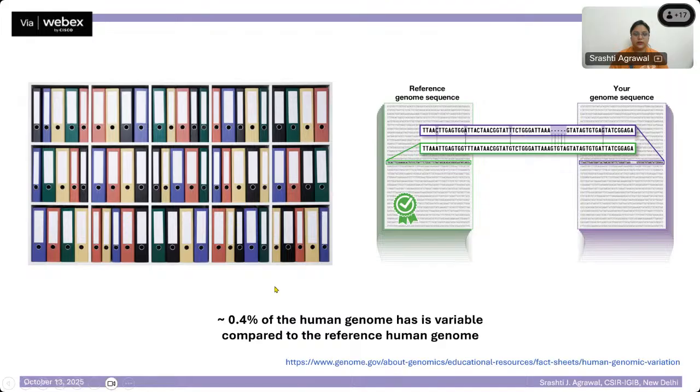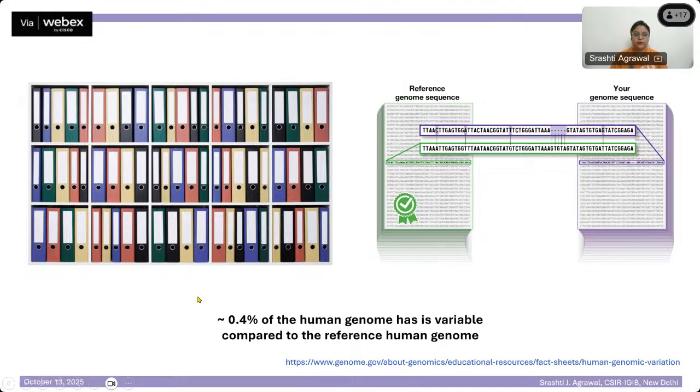So, like for a specific book, there are millions and millions of copies available globally. However, each copy might have some kind of typo or some kind of mistake, maybe. So, this mistake makes these copies different from each other. It might or might not lead to changes in the text which is being read, but it is still a typo nonetheless.